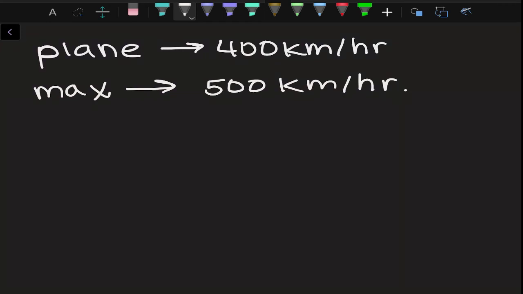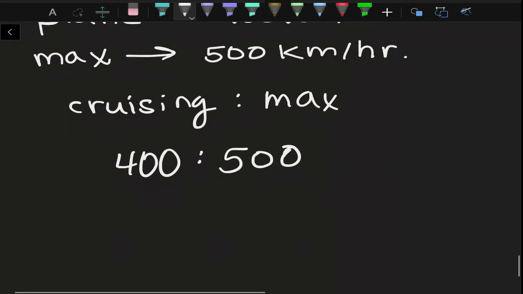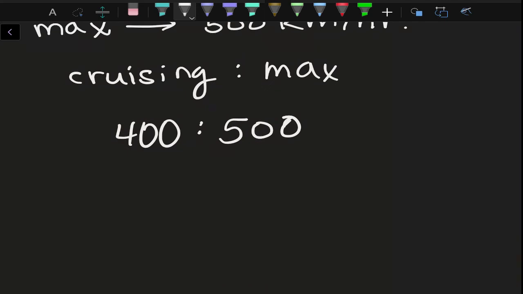What is the ratio of cruising speed to max speed? Well, that's as simple as that. So it'll be cruising to max, which is really just 400 to 500. And if we were to reduce this, the ratio would be 4 to 5.